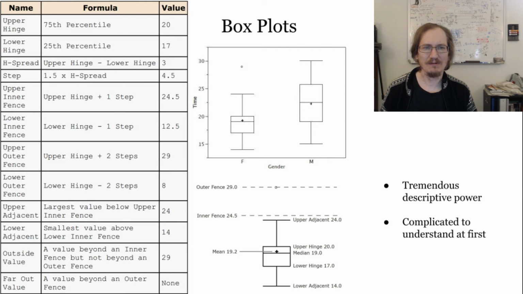I think it's going to be really helpful because you can compress a lot of information into this box plot about the distribution: the mean, the median, where the 25th percentile and 75th percentile are, where the outliers are located. What are the smallest values that are outside of the spread, but not considered an outlier? That would be the upper and lower adjacent.